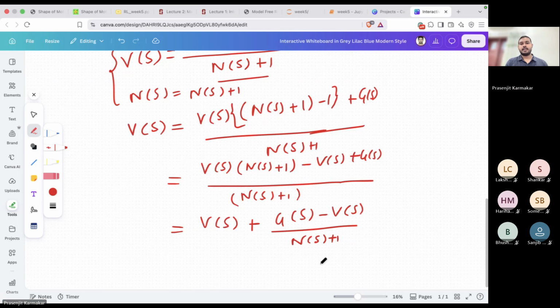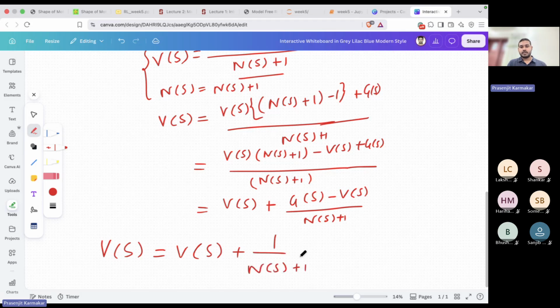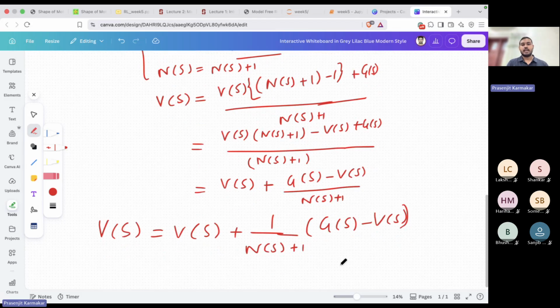So this N of S plus 1, right? Entirely the thing can be written as V of S is equal to V of S plus 1 divided by N of S plus 1 times G of S minus V of S. That's the equation. And you do N of S is equal to N of S plus 1 after updating this.